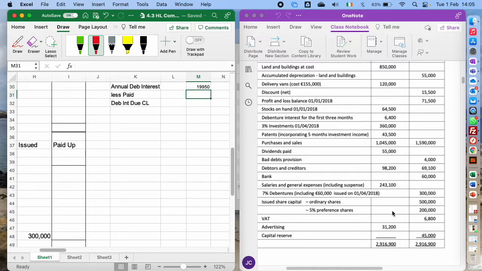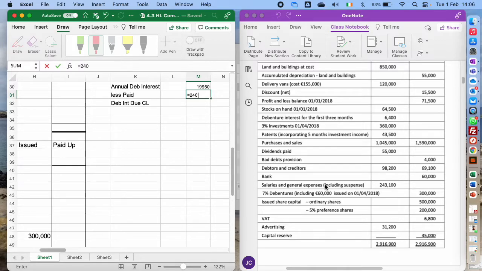The amount I actually paid, debenture interest for the first 3 months. Now, this number in the question of 6.4 is wrong, okay? And that's why you've got a suspense, because they put the wrong number into the trial balance, okay? So the amount paid should have been, now during the first 3 months, I only had the 240 grand loan.